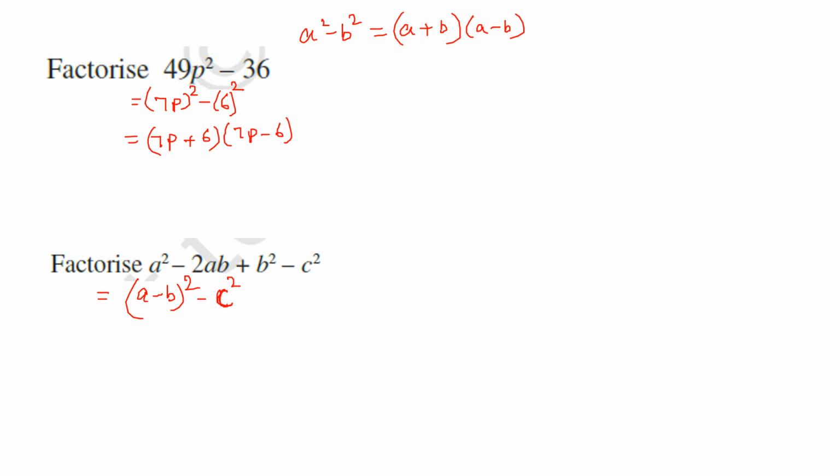So again, I can use the above identity which I have used in the previous question, a square minus b square. This complete (a minus b) I have taken as a, and this is your b square. So further you can write it as a plus b and a minus b. So a plus b: a is now a minus b, plus b means plus c, and then a minus b minus c.